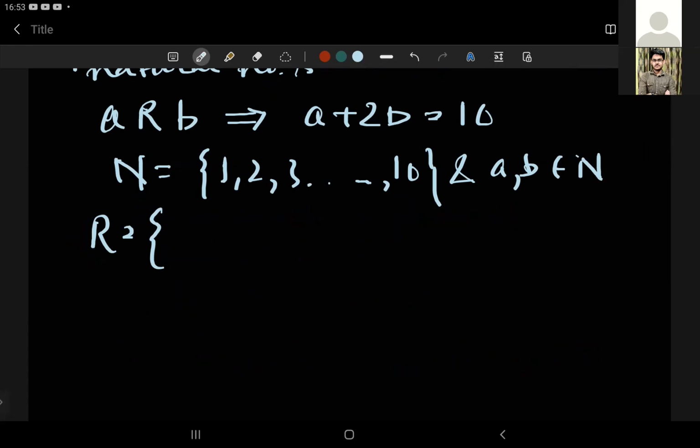What are the elements? (2, 4), (4, 3), (6, 2), (8, 1).